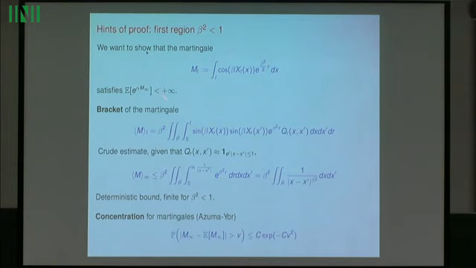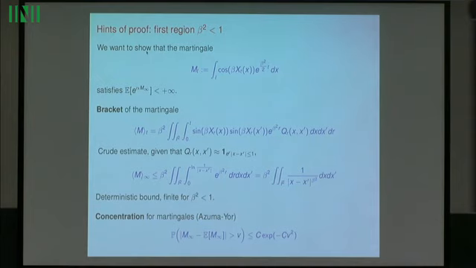And this will give you automatically the convergence of what is called the Mayer expansion in the literature. So with a simple argument of concentration for martingales, you can show the convergence of the Sine-Gordon model in the first region. Okay, questions?